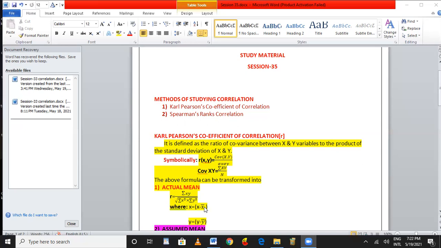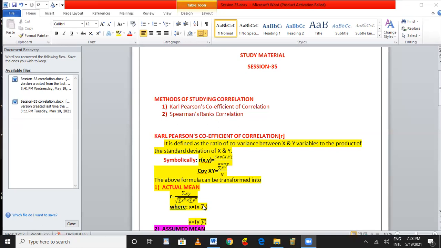If 5 items are there: 10, 20, 30, 40, 50. For these 5 items, how can we find the arithmetic mean? Add 10, 20, 30, 40, 50. 10 plus 20 is 30. 30 plus 30 is 60. 60 plus 40 plus 50.